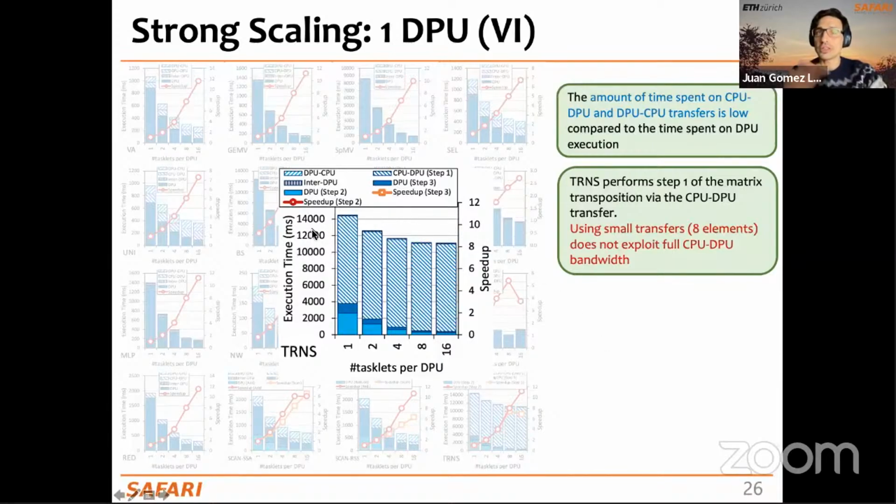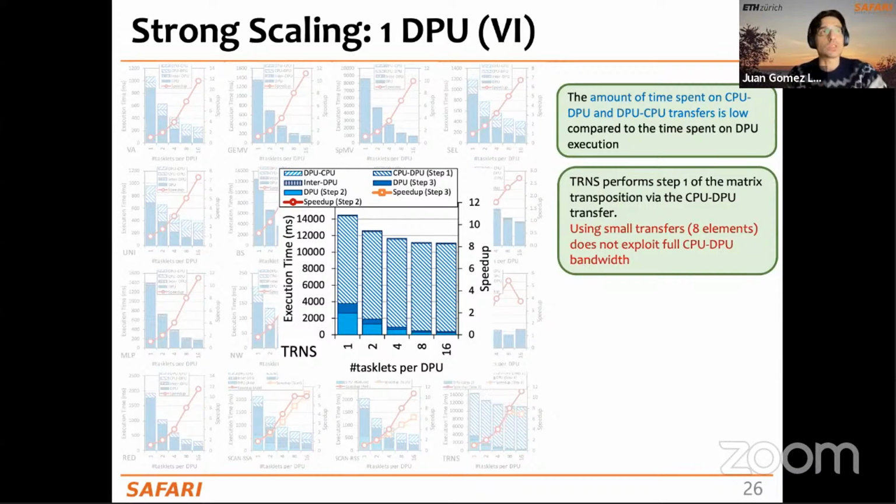And for these transfers, we are using relatively small transfers, only 8 elements of the matrix, and in this case, we are not fully exploiting the CPU-DPU bandwidth. As you may remember from the previous lecture, the CPU-DPU bandwidth and the DPU-CPU bandwidth increases with the size of the transfer until some point when it saturates, but 8 elements is quite a small transfer size, so we cannot fully exploit this bandwidth on the memory channel.